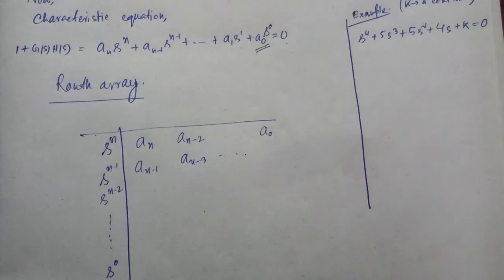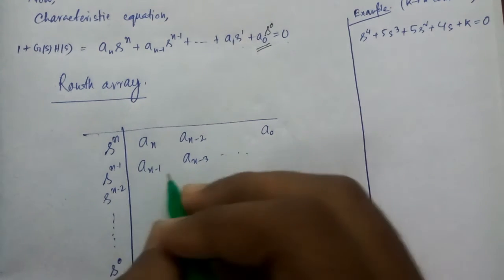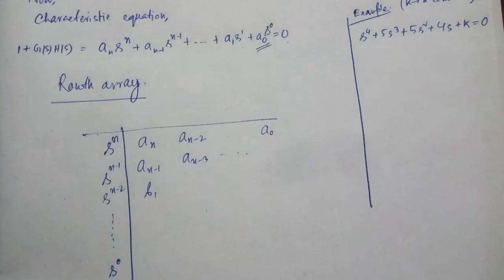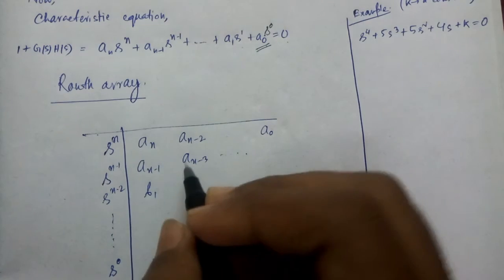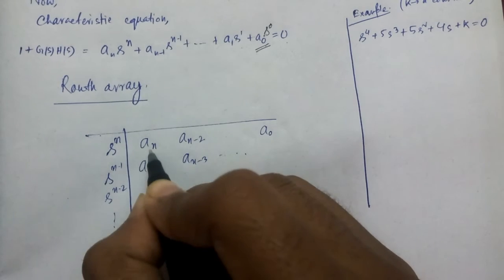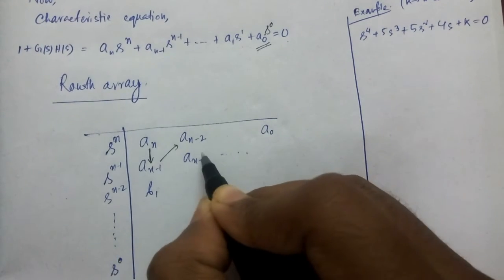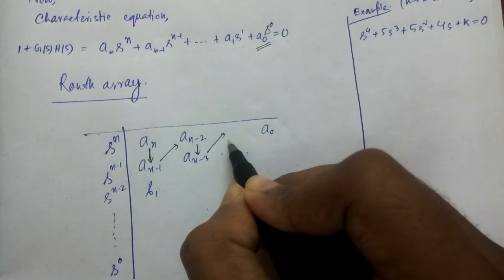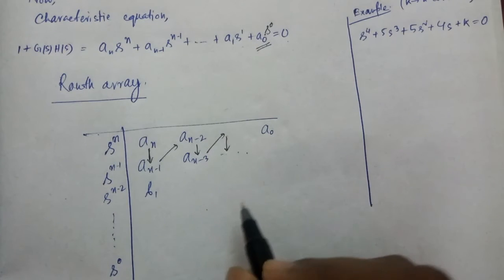So at first we will be getting the two rows of Routh array. Then from the two rows we have to form the next rows. So first let me show the way we write the two rows: first a_n, then a_(n-1), then a_(n-2), then a_(n-3), then a_(n-4), in such a systematic manner.